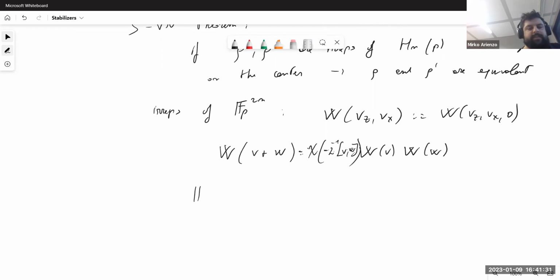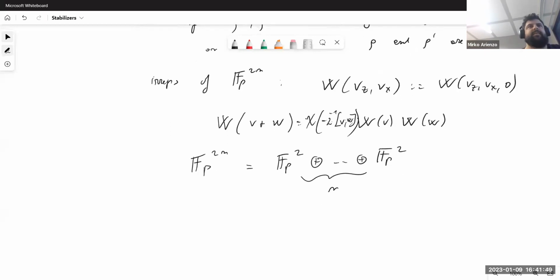Namely, we are considering the phase space F_p to the 2n, but this is just F_p squared plus F_p squared, and this sum is of course n times, and accordingly we have that W of v is just W of v_1 tensor up to W of v_n.